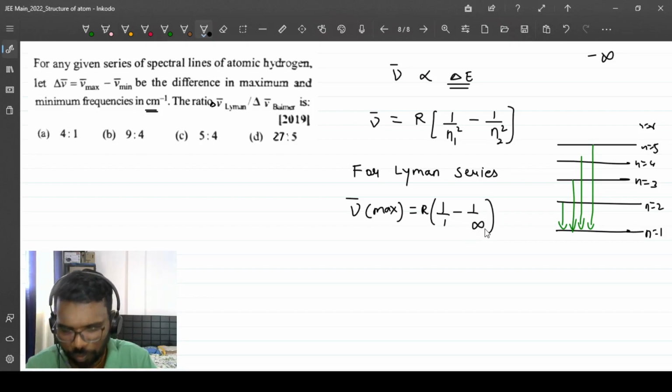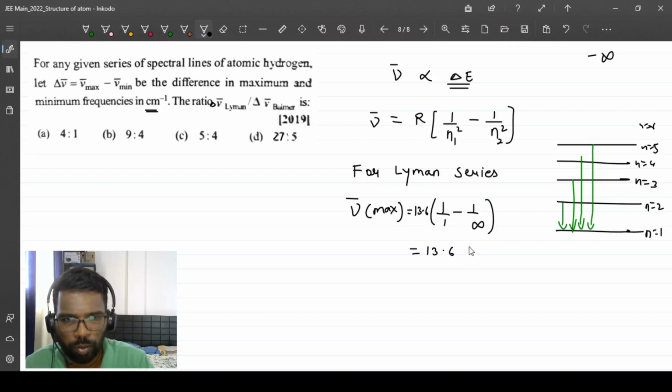So this R value, we can take the energy difference to be 13.6. So nu bar max will be 13.6 upon 1 minus 1 by infinity.